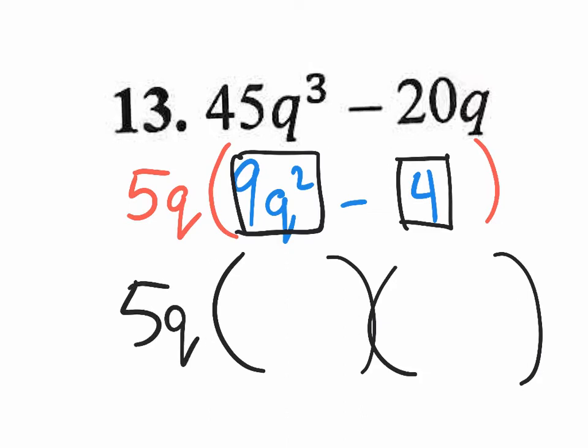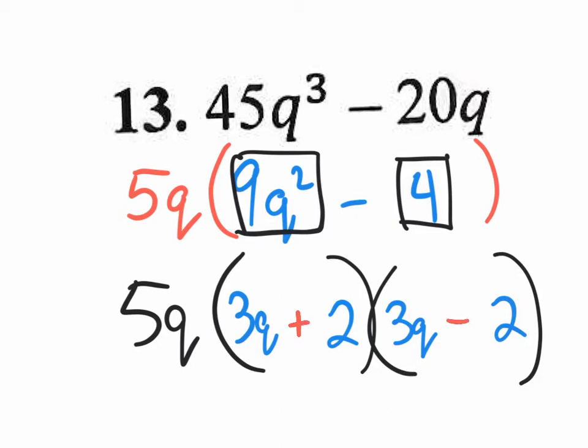On the inside, when I take the square root of each of those, what do I have? 3q and 2. How about those signs? Mixed. It's not going to be plus plus. It's not going to be minus minus because there is no middle term. They have to cancel out. So one has to be plus, one has to be minus. And that's it.